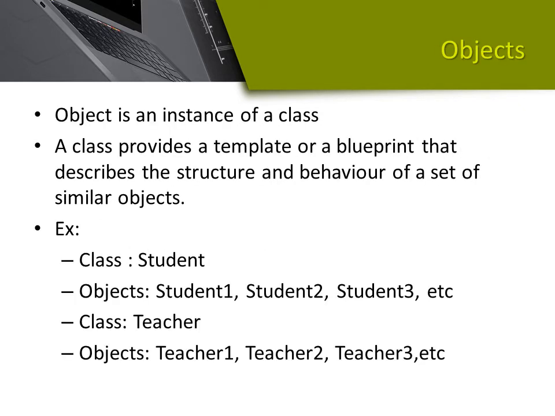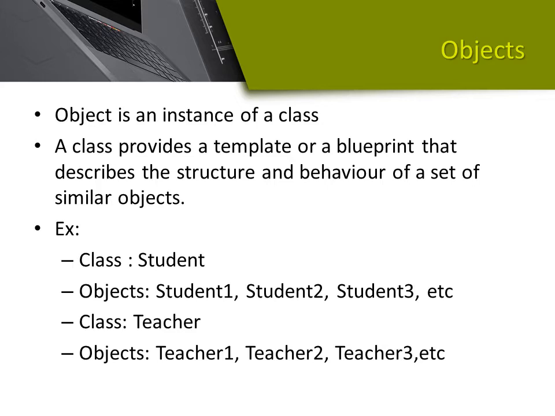So the next concept is an object. So an object is nothing but an instance of a class. So suppose that in our ERP application we want to represent students. So there are n number of students who will be accessing those ERP applications.